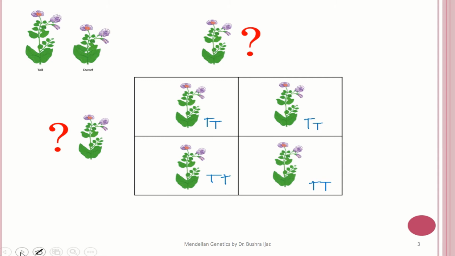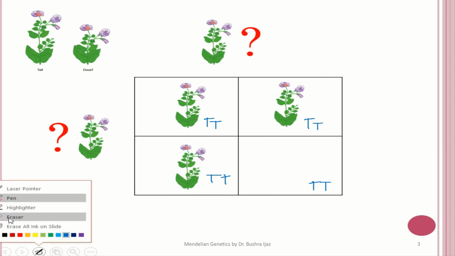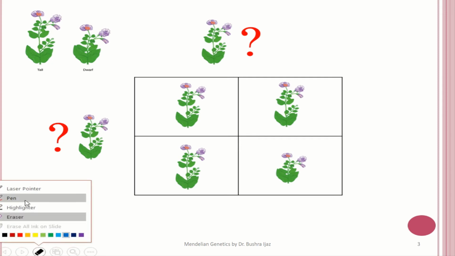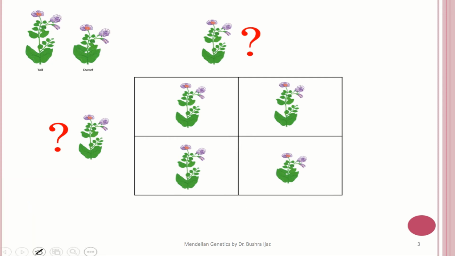What happens if the new offspring is not tall? If this plant is a shorter one, then what will be the allelic combination?